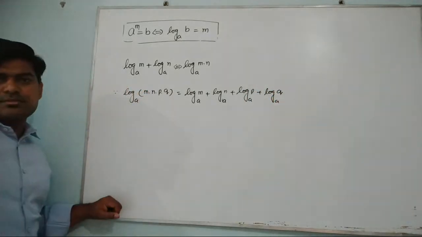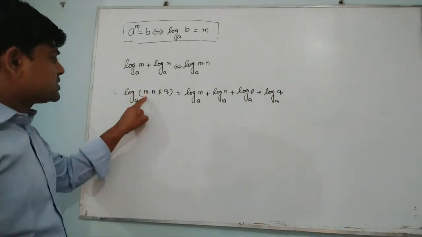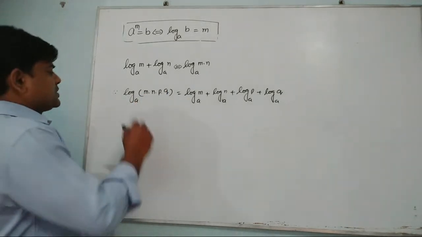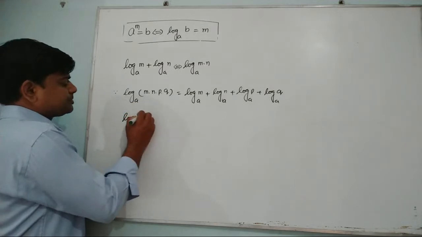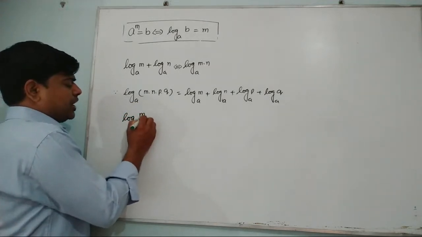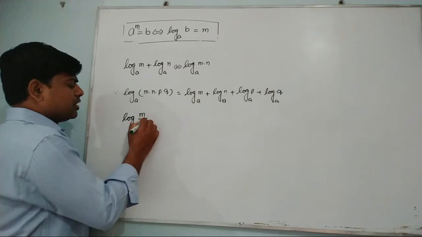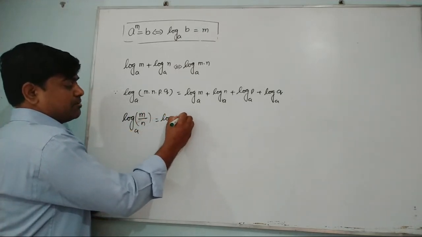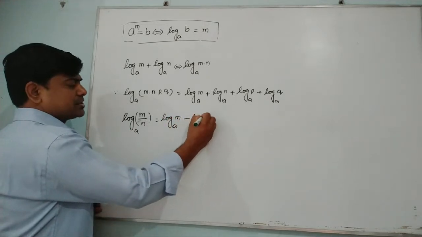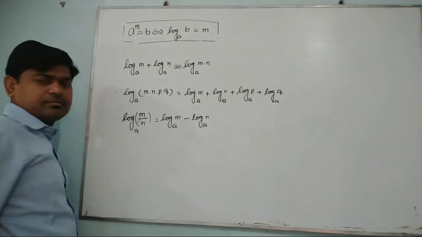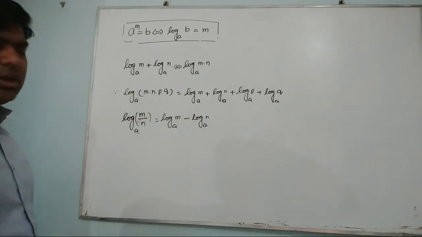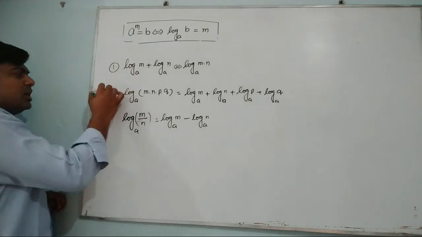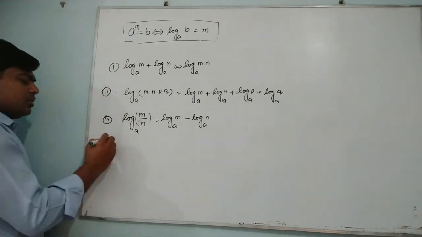The product is expressed in the form of addition. If I have somewhere log of m upon n with base a, it can be written as log m base a minus log n base a. And that is the first formula, then the second, third and fourth.